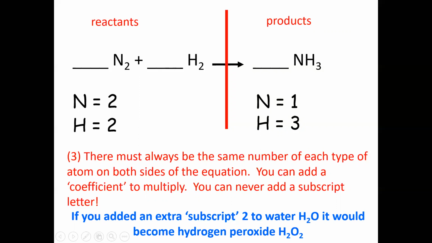That's very, very toxic, very poisonous. You wouldn't drink that. So never add subscript letters. You can only add coefficients, okay? And obviously the coefficient multiplies everything in the formula. That's why it was so important to learn about formulas in the earlier part of this tutorial. So what do we do?